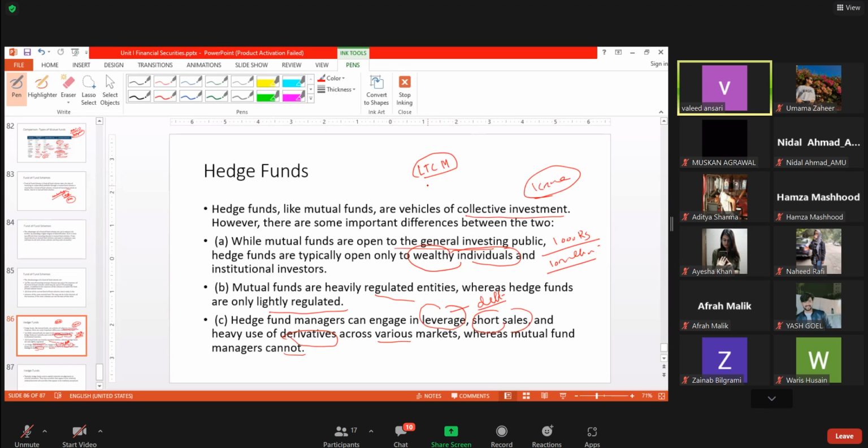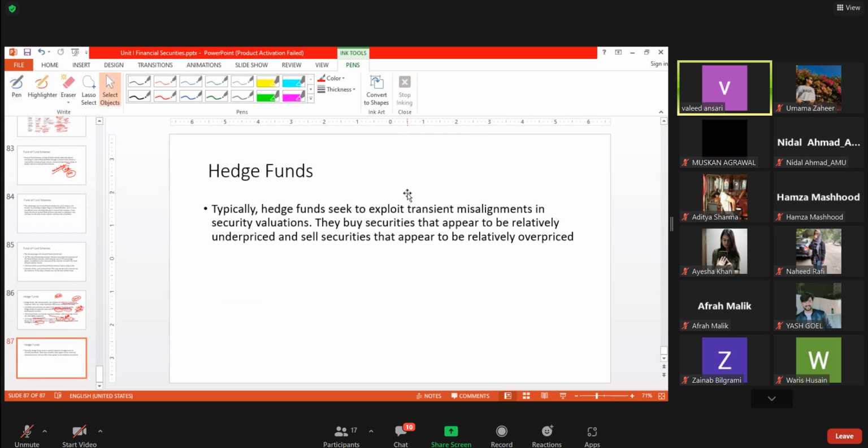So hedge funds are a very opaque type of fund, and they undertake investment strategies, buying the underpriced and sometimes selling the overpriced securities, and they have got a huge corpus of money, billions of dollars.